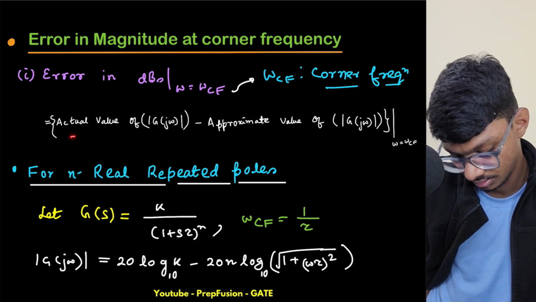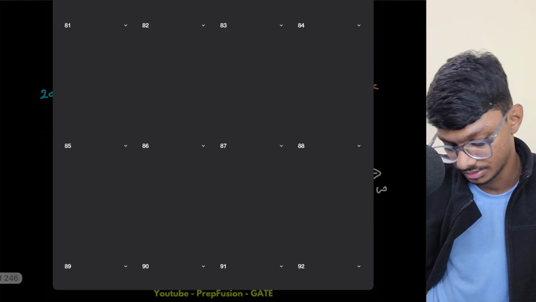Yeah, here it is actual minus approximate, so I was correct. Okay, so it is actual minus approximate.